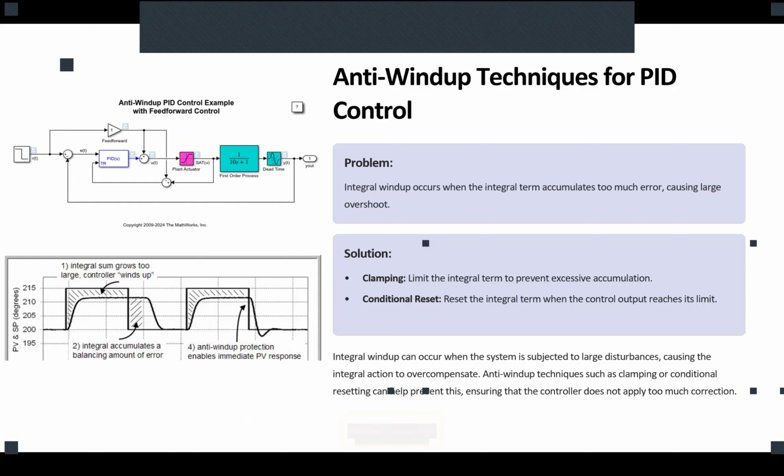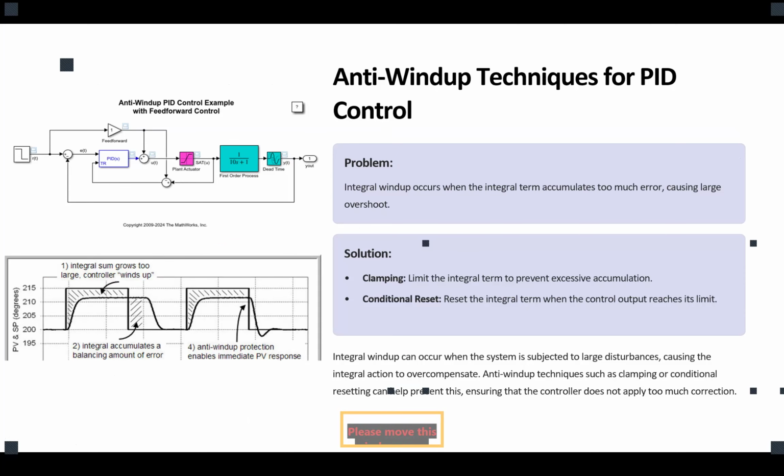One thing that is kind of the problem in anti-wind-up techniques, in the PID techniques, is the accumulated error in our memories. We had the integral. That integral always adds the errors on top of the errors over and over.